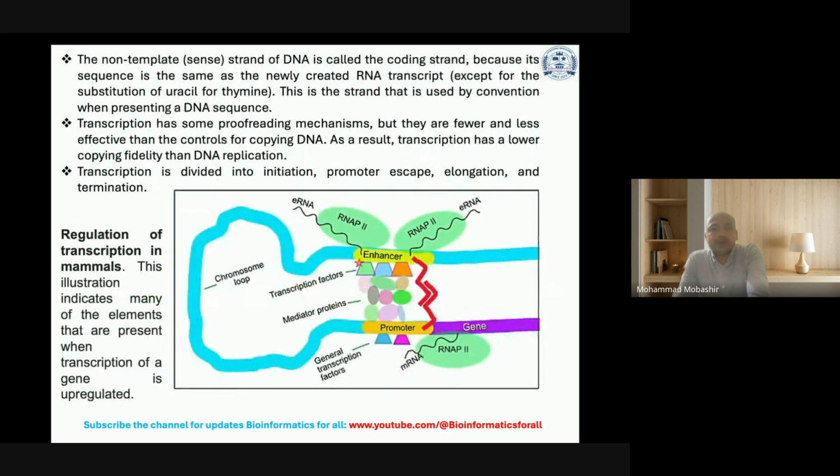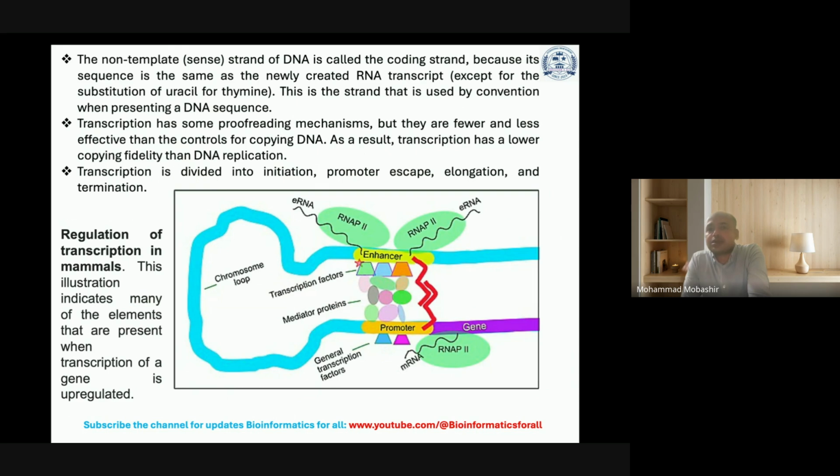So now you can see the non-template or sense strand of DNA is called the coding strand because its sequence is the same as the newly created RNA transcript. This is the strand that is used by convention when presenting a DNA sequence. Transcription has some proofreading mechanisms, but they are fewer and less effective than the controls for copying DNA.